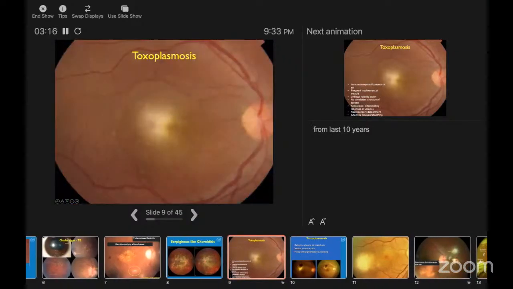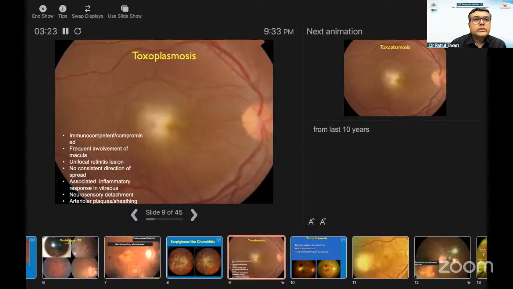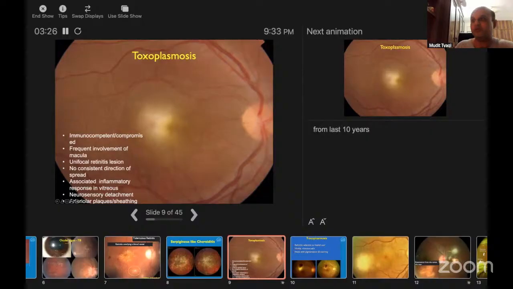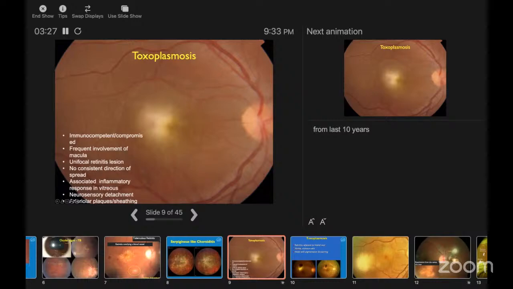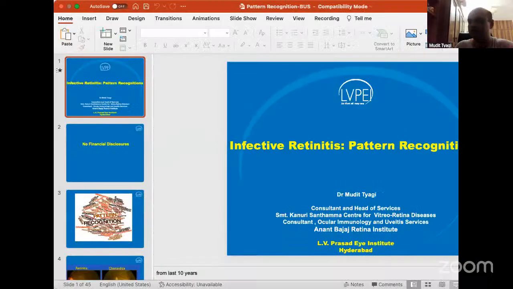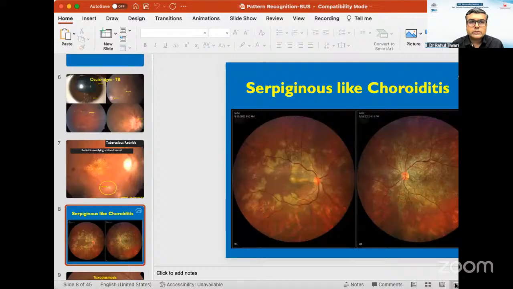Can you go to the slideshow mode? I am on slideshow mode only, ma'am. The slides are looking smaller, I think. The presenter view is changed, I think. Instead of presenter view, you can just make it full screen, that'll be easier.